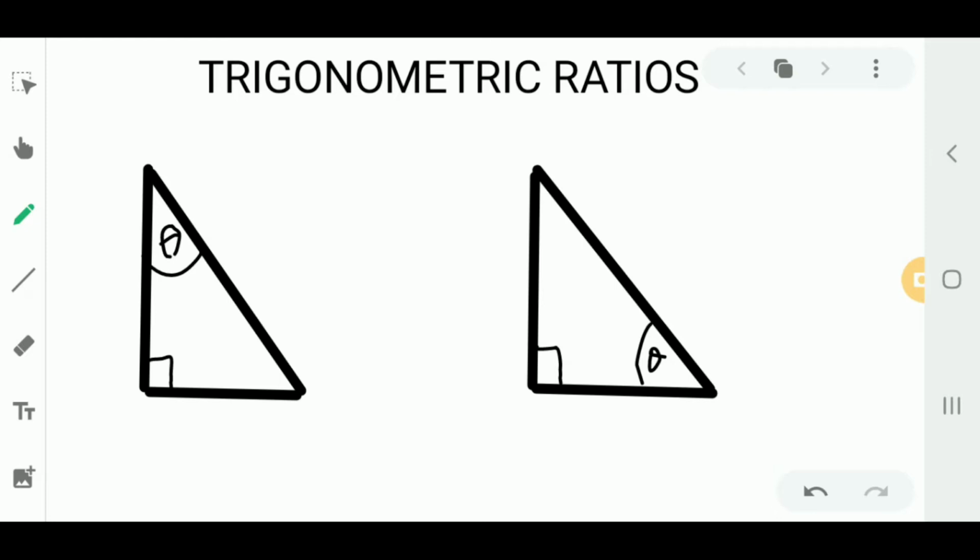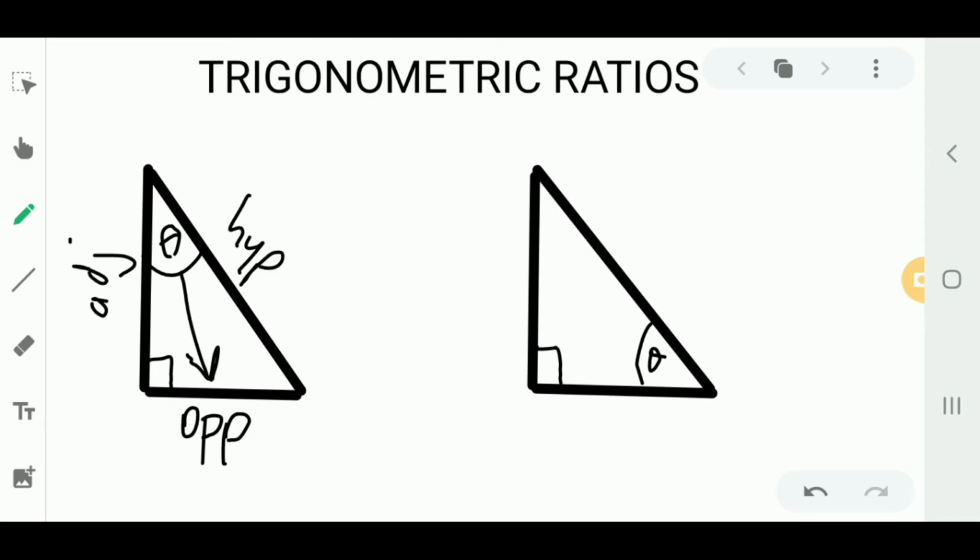Quick recap again: the longest side, or the side that is opposite to the right angle, is called the hypotenuse, HYP for short. The side that is opposite to the angle is called the opposite, OPP for short, and the other side is called adjacent, ADJ for short.